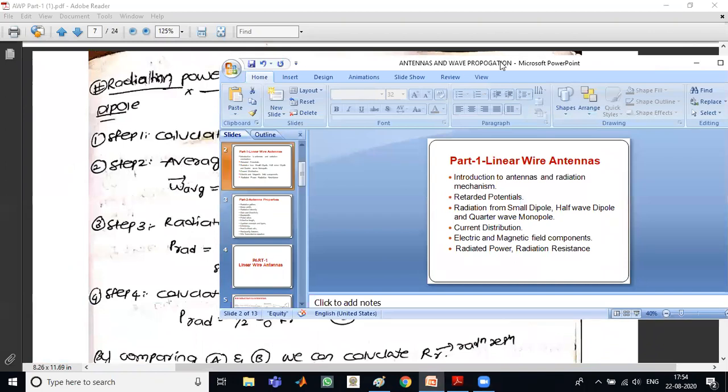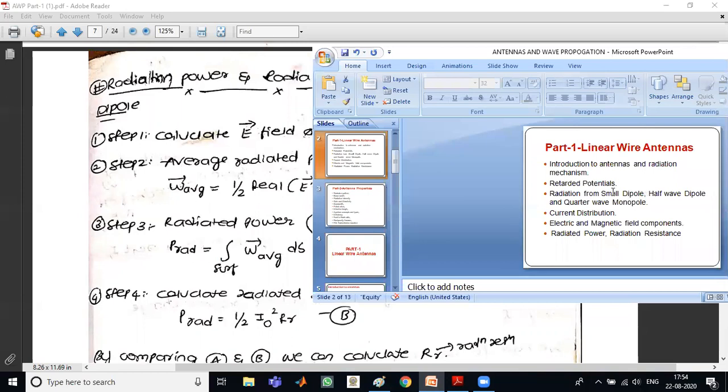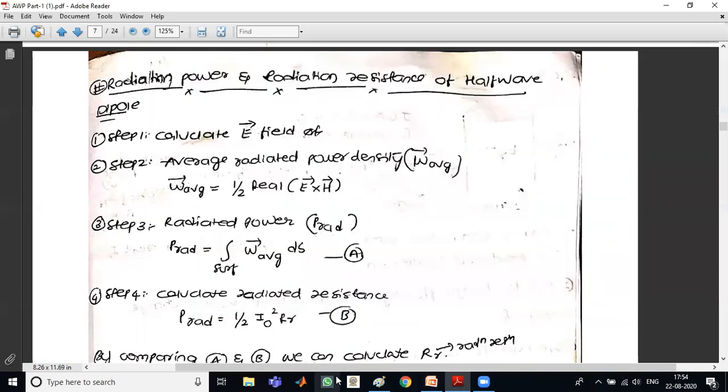In these three cases, that is small dipole, half wave dipole, and quarter wave monopole, you just need to follow these three steps.